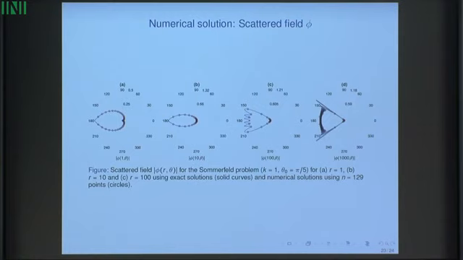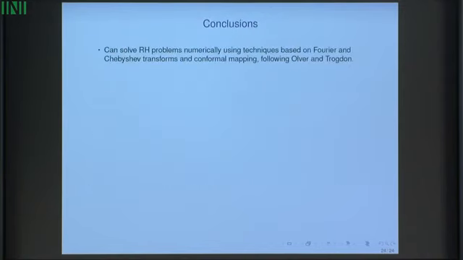Here we are showing the scattered field for the Sommerfeld problem for different distances from the origin. I think the diffraction parameter was 1, and the angle of the incident wave was pi/5. Again, solid lines are exact solutions, and these small circles are the numerical solutions using 129 collocation points.